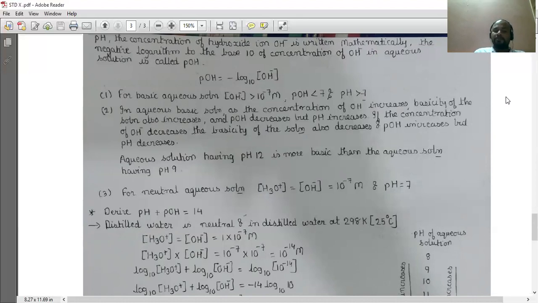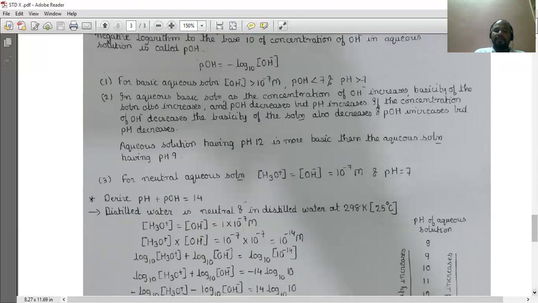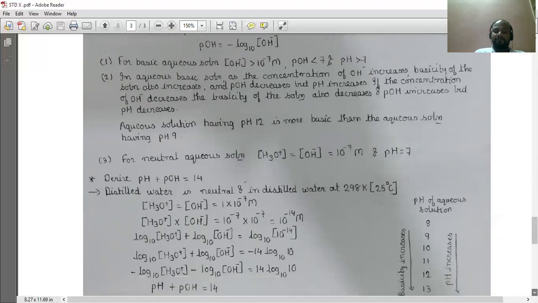Now applying logarithm on both sides, that is to the LHS and RHS, logarithm to the base 10 of hydronium ion concentration plus logarithm to the base 10 of hydroxide ion concentration is equal to logarithm to the base 10 of 10 raised to minus 14 molar. Now logarithm to the base 10 of hydronium ion concentration plus logarithm to the base 10 of hydroxide ion concentration is equal to negative 14 log 10 to the base 10.